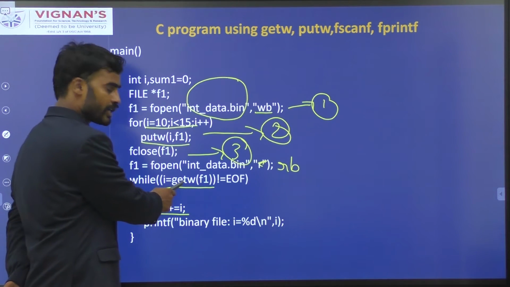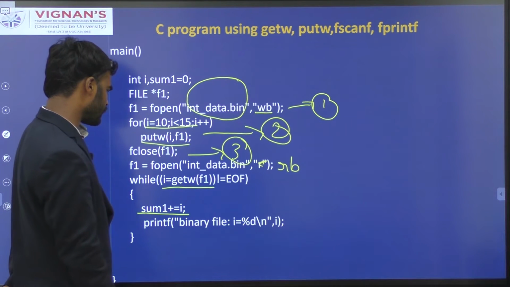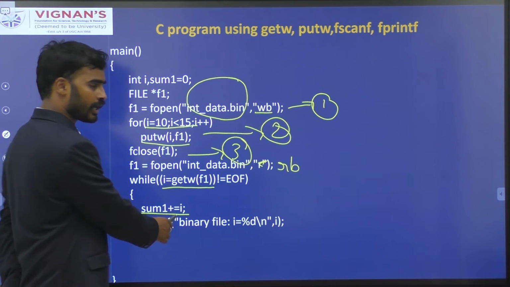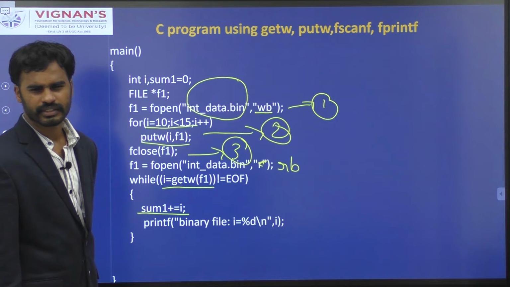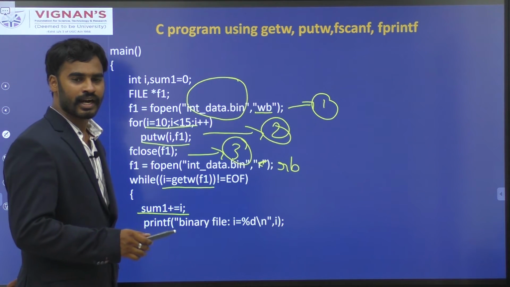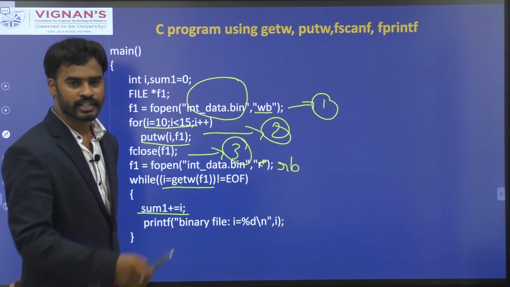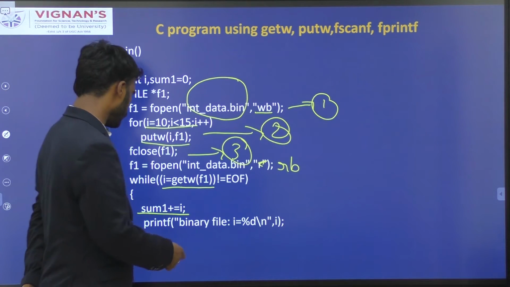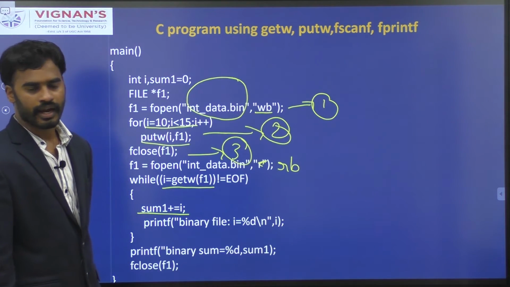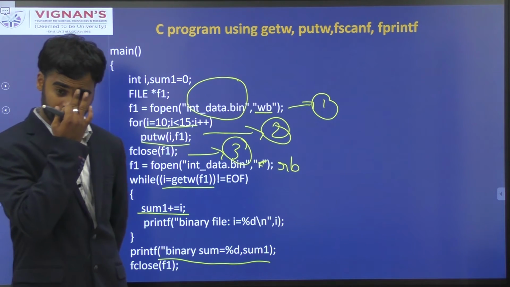This loop will keep repeating until the data is finished in your file. When your file pointer reaches the end of the file, this loop will be terminated, and it prints the sum.